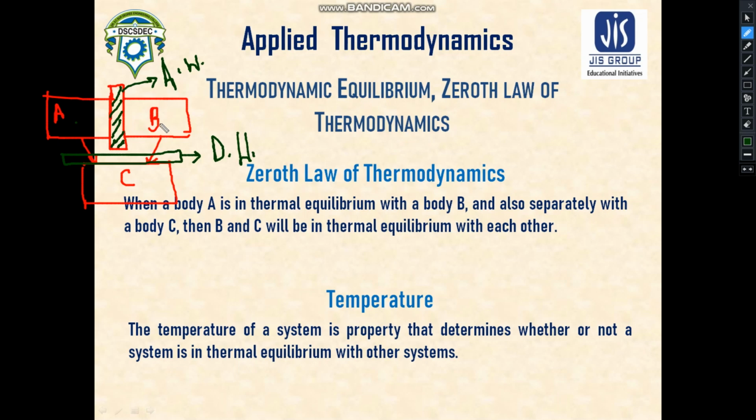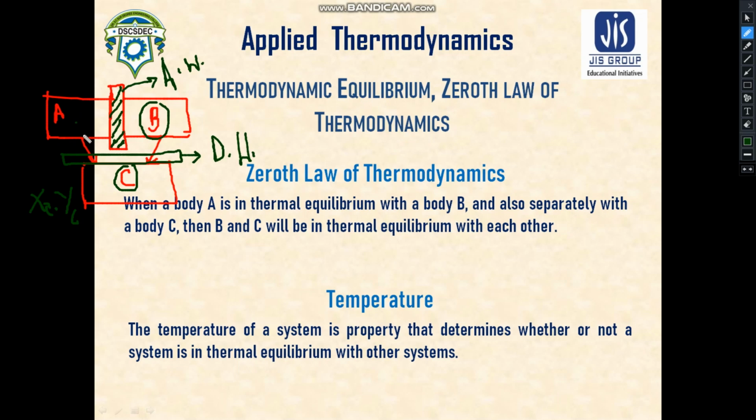Similar things will happen for system B and system C. The properties which change after they have attained the equilibrium state are xC and yC. This is the value after attaining the equilibrium state.